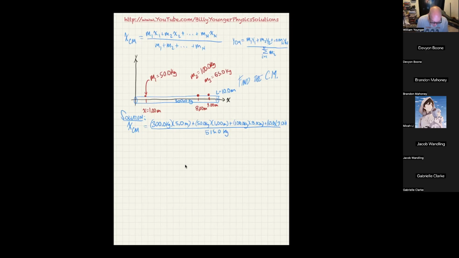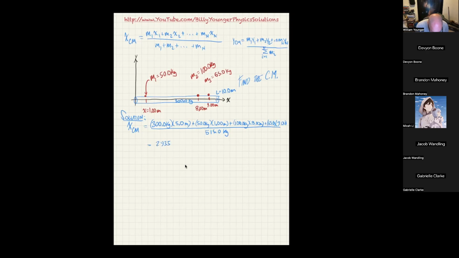So if I do this math, assuming I don't make any careless mistakes, 300 times 5 plus 50 times 1 plus 100 times 8 plus 65 times 9. And it looks like I typed everything okay on this. So that gives me 2,935.